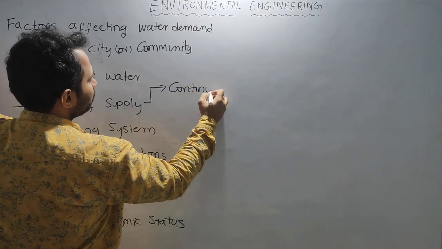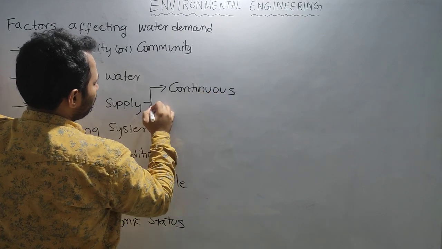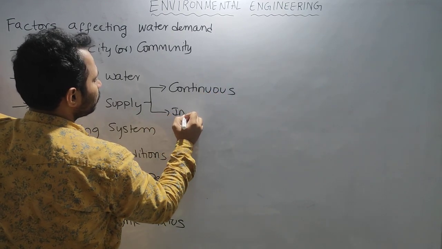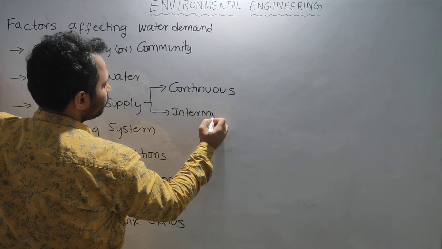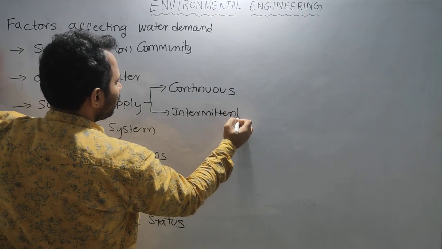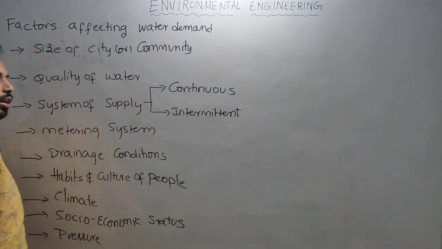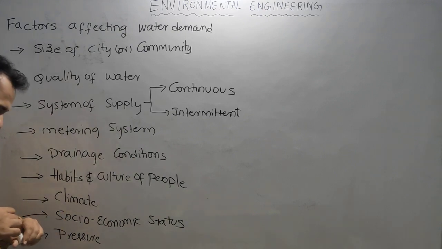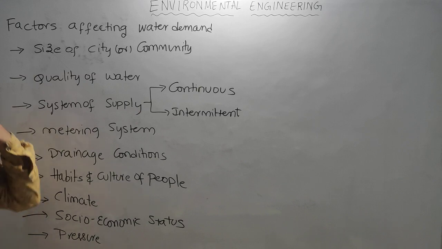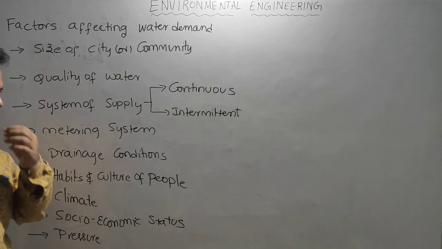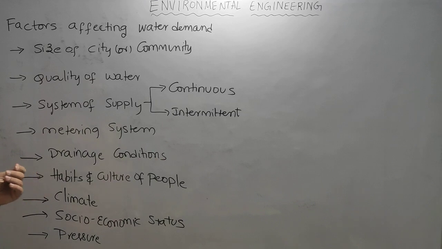Continuous supply means whenever you want water, you will get water when you just open the tap. Intermittent means they will fix some hours, morning 2 hours or evening 2 hours, like that. So in that time only you will get the water supply, that is intermittent.